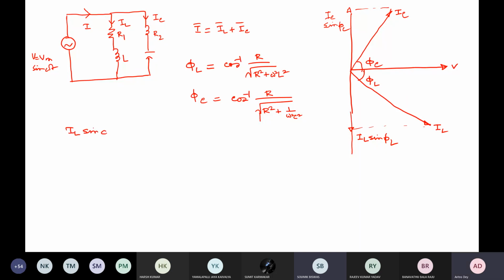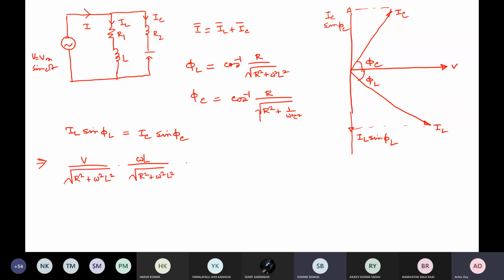IL sine phi L. What is your IL? It is V by ZL, that means root over R square plus omega square L square, into this is cos. So sine will be omega L by root over R square plus omega square L square.